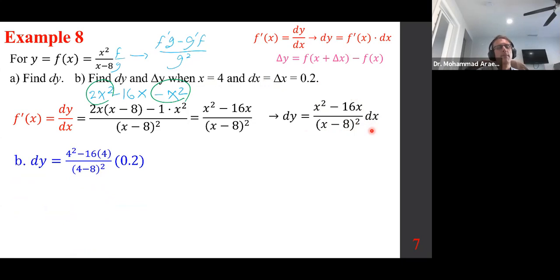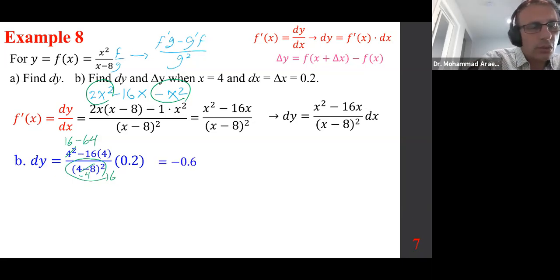We are going to do that. 16 minus 64 over 16. 16 minus 64 is negative 48, divided by 16 is negative 3, times 0.2 is negative 0.6.